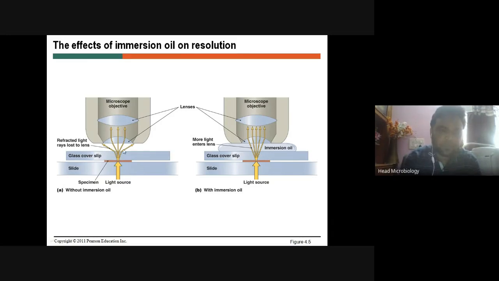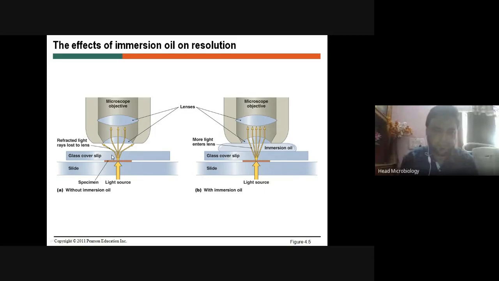Only a few rays are being created, because we are keeping it at a 1 to 2 millimeter distance, not a very large distance, so the light coming in that area is very little. Even from that light, because the refractive index is very low in case of air, it gets refracted, and these lights go away.